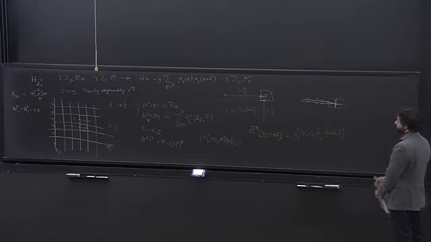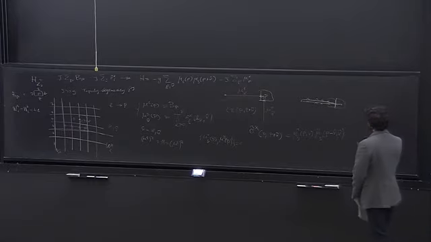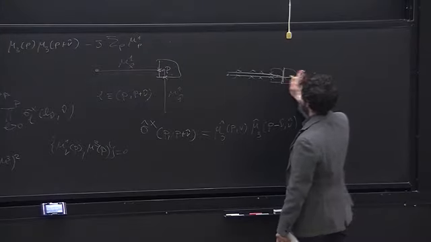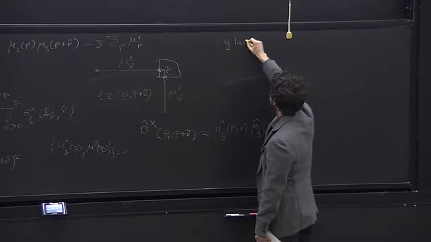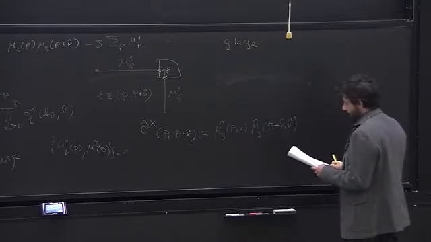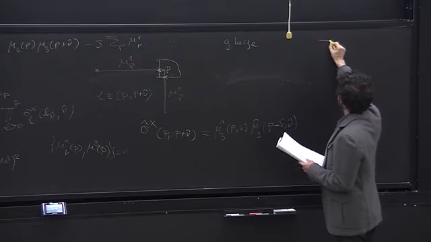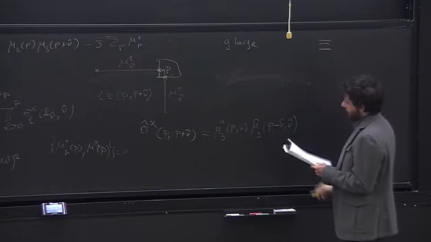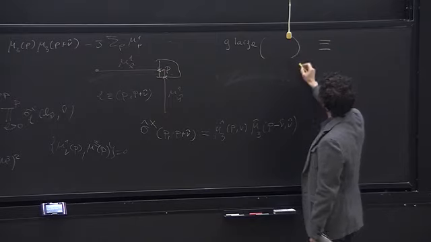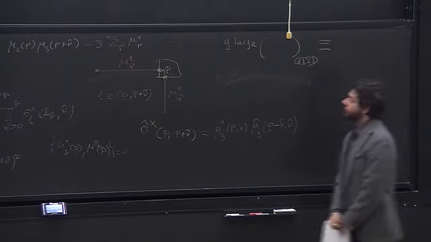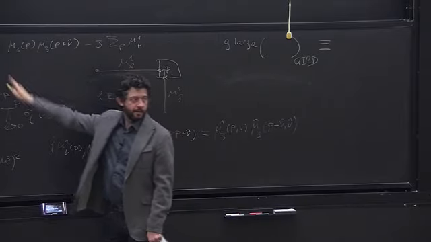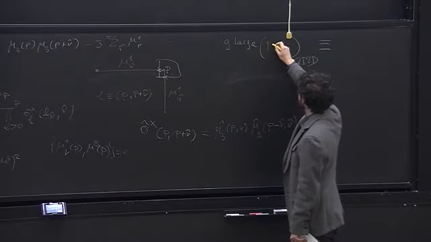However, we know that there is a QPT, and now we can use what we know. So what happens for G large? In the model that is the quantum Ising 2D, for G large, we are in the ferromagnetic phase.